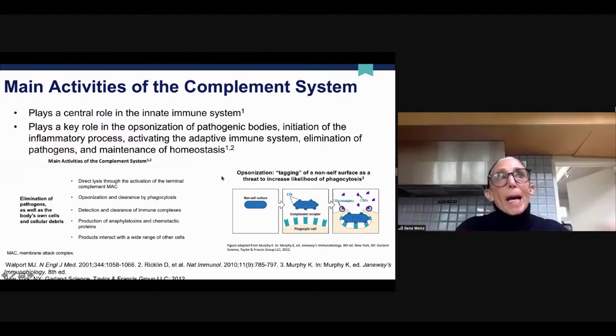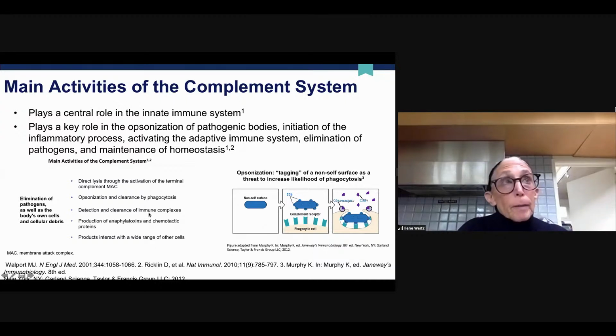Remember that bacteria and viruses don't have any way of regulating this system. So once they're tagged, they're done. They're cleared out, as opposed to humans, where we have regulatory processes that can limit that. There's opsonization and clearance by phagocytosis, and you could see that here, these tagged cells.